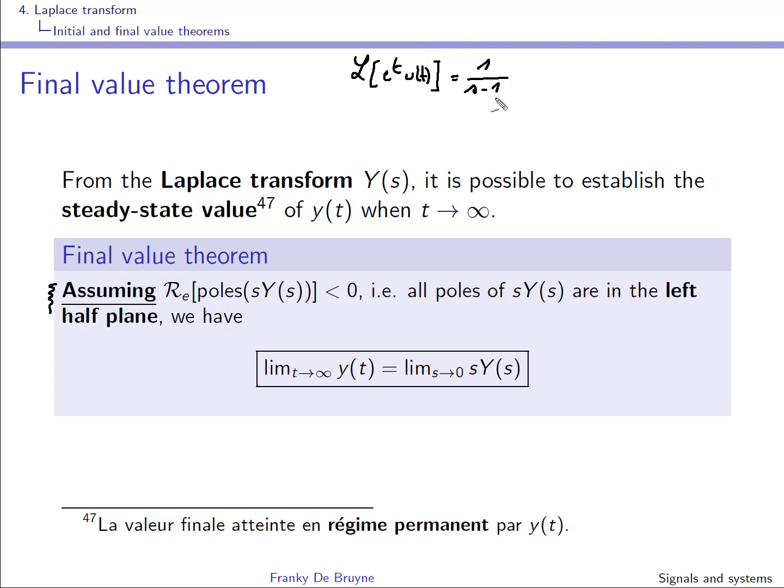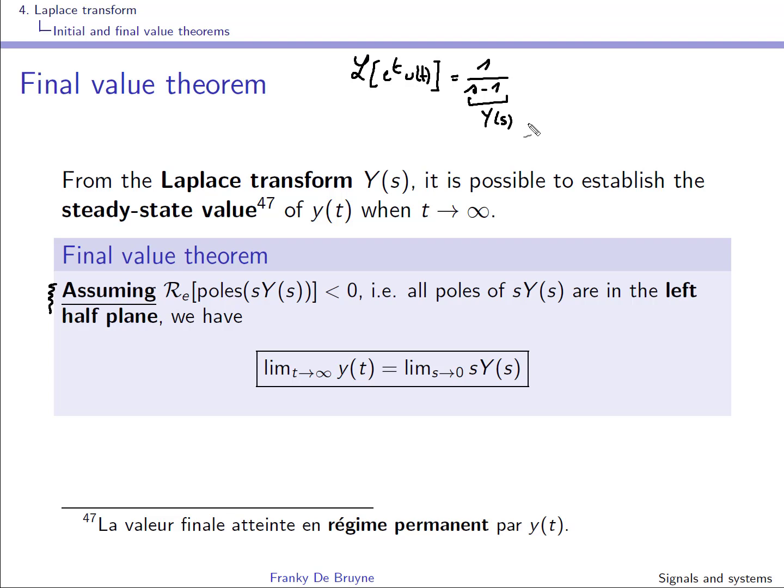Okay, and you have a pole to the right. You cannot see what is happening with y of s, if you call this y of s, and you cannot use the final value theorem.